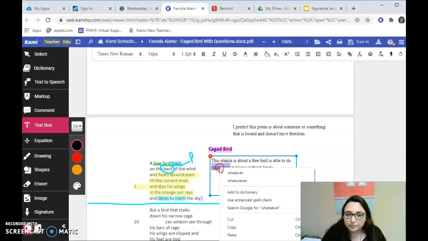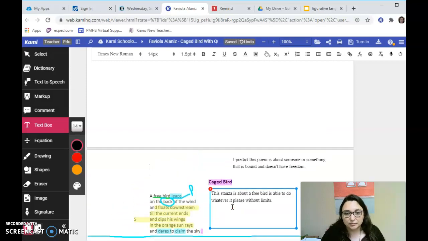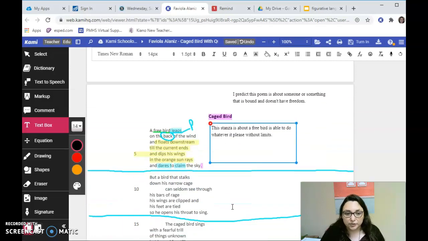That's my little summary. Whatever it wants to do, that's what it does, right? No limits. Okay, so there we have it. That free bird.